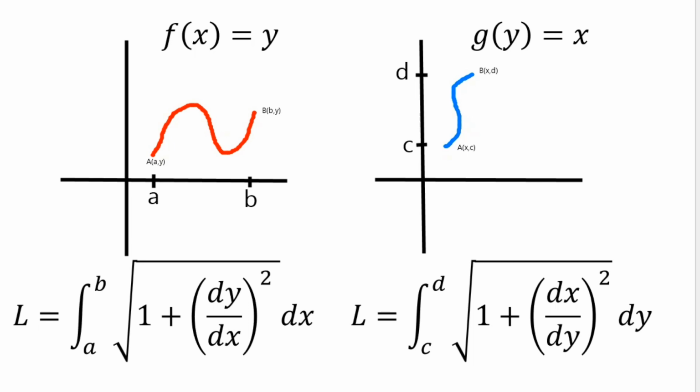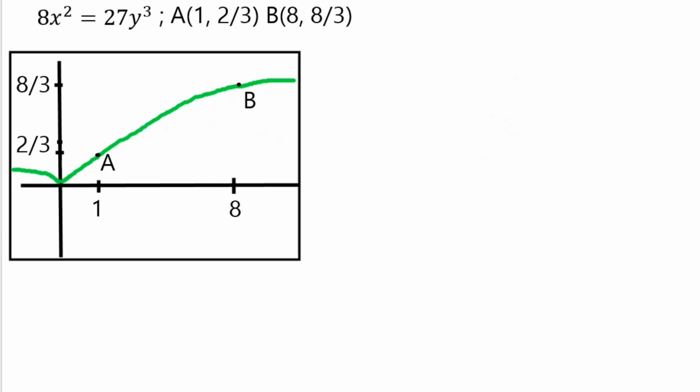So we're just going to do some practice problems. Now let's move on to our first problem: 8x squared equals 27y raised to the third power. And on the bottom, it is this function. We're just going to find the length from point A to point B. The first thing we're going to do is solve for the value of y.